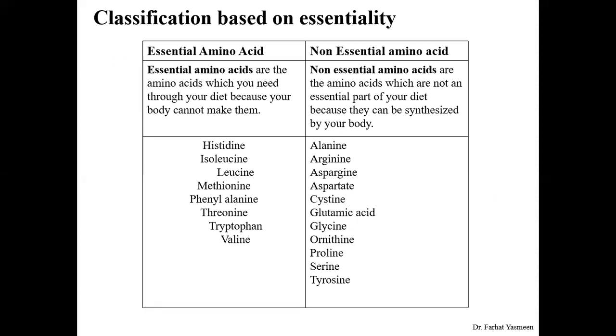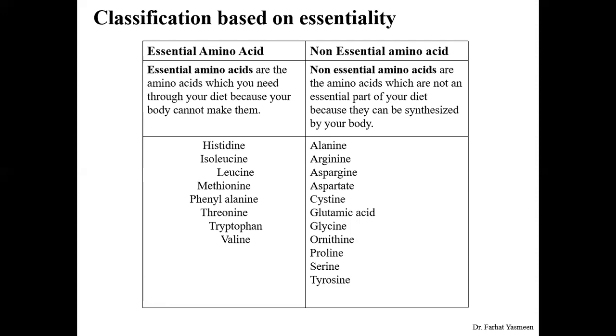The second classification of amino acids is on the basis of essentiality. Essential amino acids are those which you have to provide to your body through your diet, because your body doesn't have the ability to synthesize them on its own. Histidine, isoleucine, leucine, and methionine are some examples of essential amino acids.